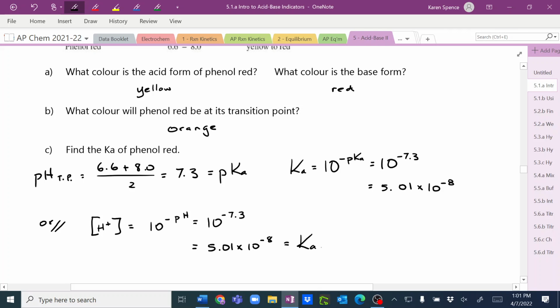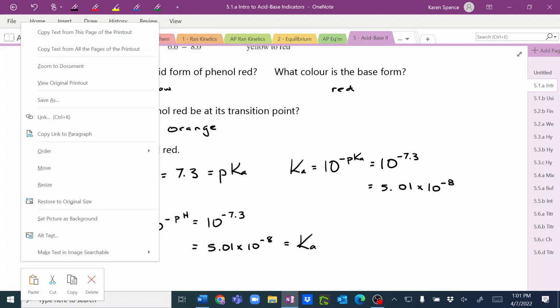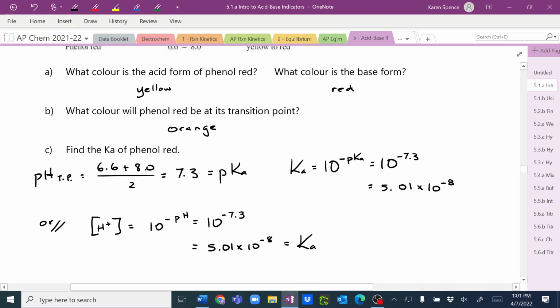Did I do it right? How many sig figs should we have in our answer? First of all, are we all okay with A and B, or do we have any questions about that?